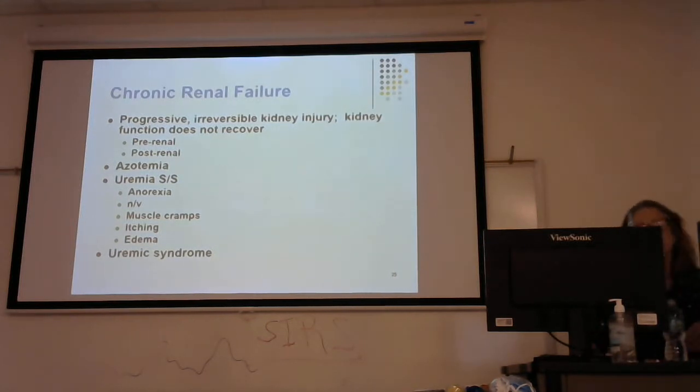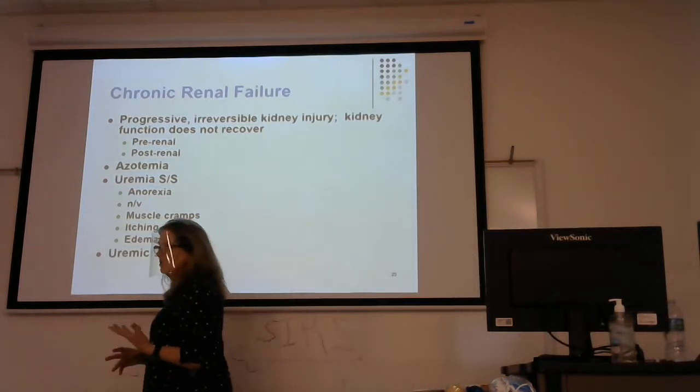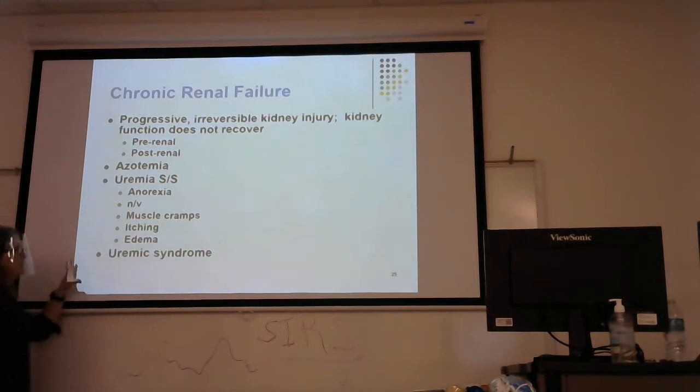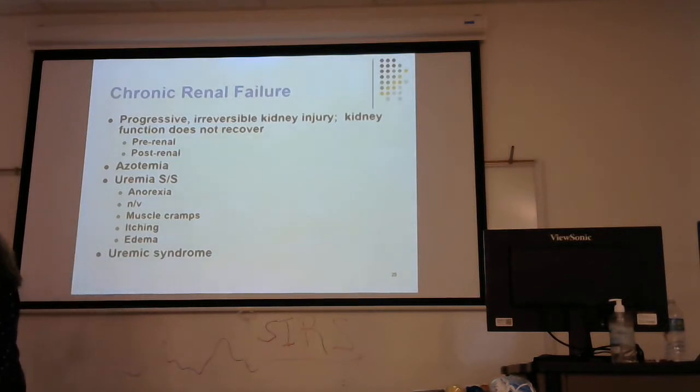Okay, so chronic is progressive, irreversible. You remember when I had the GFR, started at 100 over here, and we worked our way across and went down. 5 stages of renal failure. The kidneys fail in a predictable manner, and they eventually develop what's called azotemia or uremic syndrome.